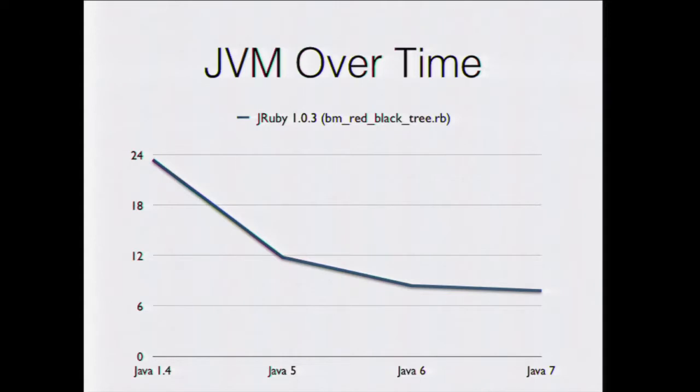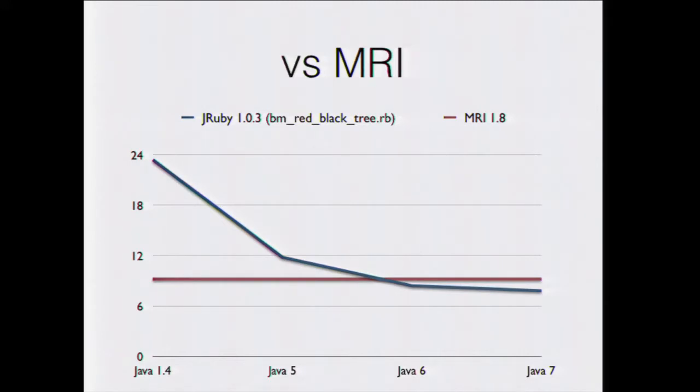Over time, you can see that the red-black tree micro benchmark will improve as Java improves, from Java 1.4 to Java 5, 6, and 7. In comparison, in that time, MRI's performance stays constant, of course, because it has nothing to do with Java. And you can see that JRuby beats it just because it runs on a better Java runtime.